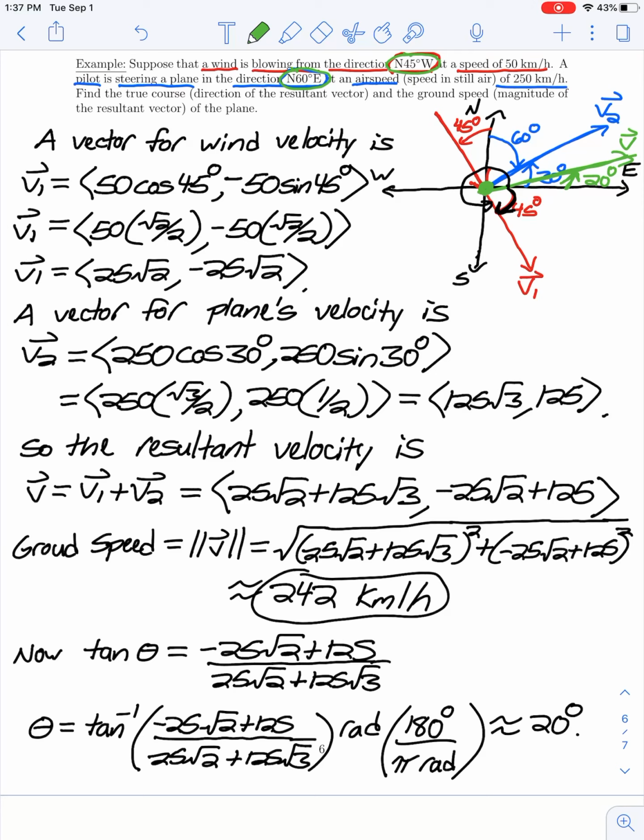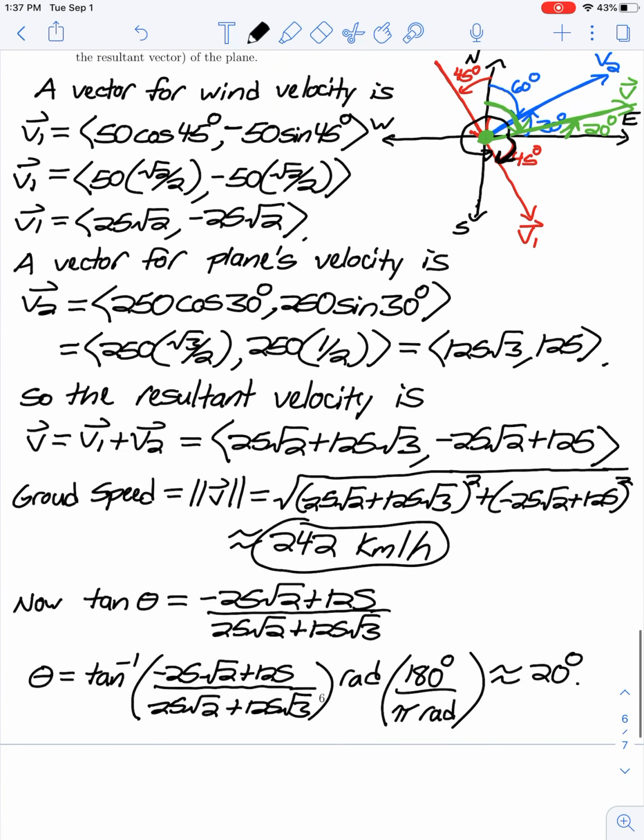So if we're rotating 20 degrees counterclockwise from the positive x-axis, that would correspond to an angle measure of 70 degrees downward from the due north direction. So here we could say that the true course is approximately from the northern direction 70 degrees towards the east.